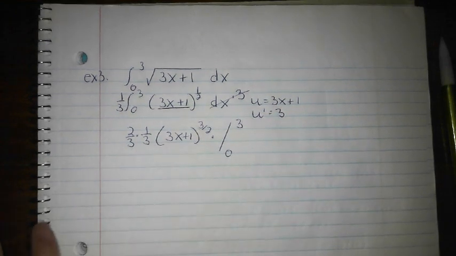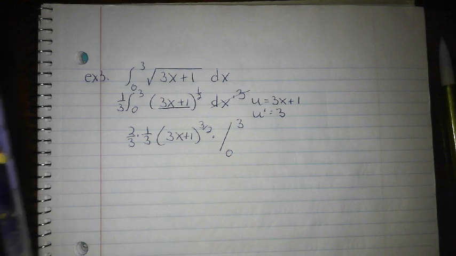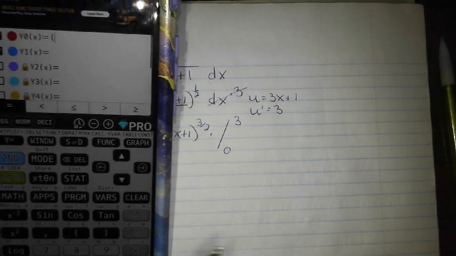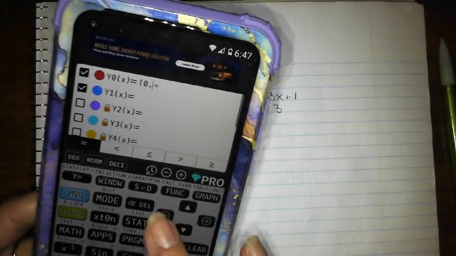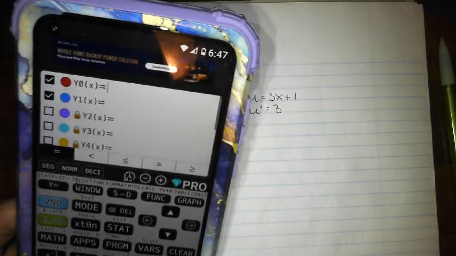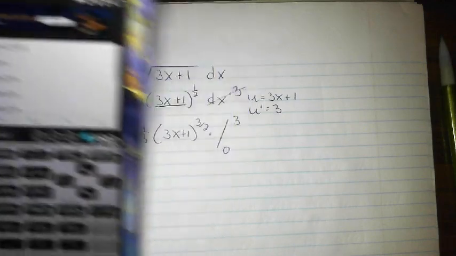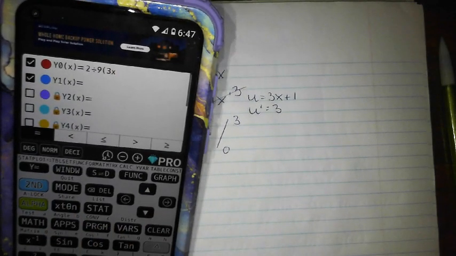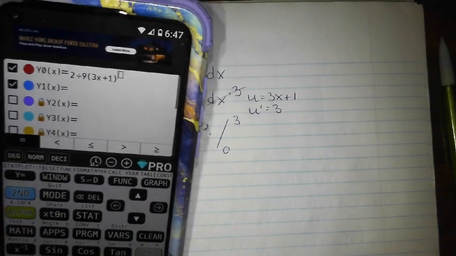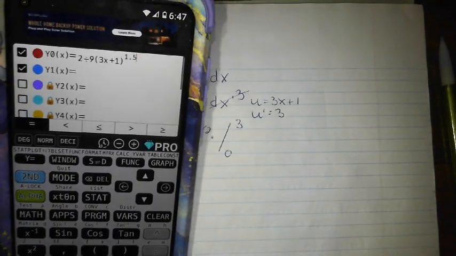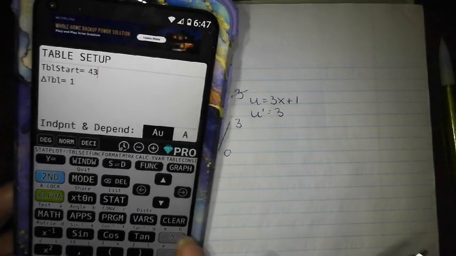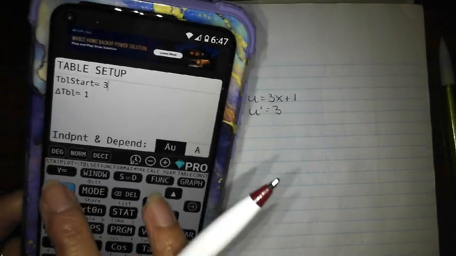So, plugging in, go to clear, y equals, that'll be 2/9. 2 divided by, whoops, that's not a 2. 2 divided by 9, parenthesis, 3x plus 1, parenthesis, raised to the, that'll be 1.5, set. 3, oops, not 43, 3, second table.